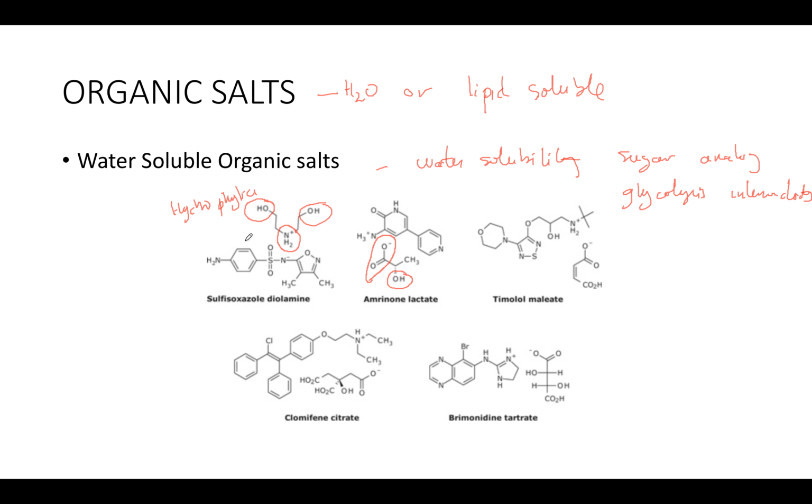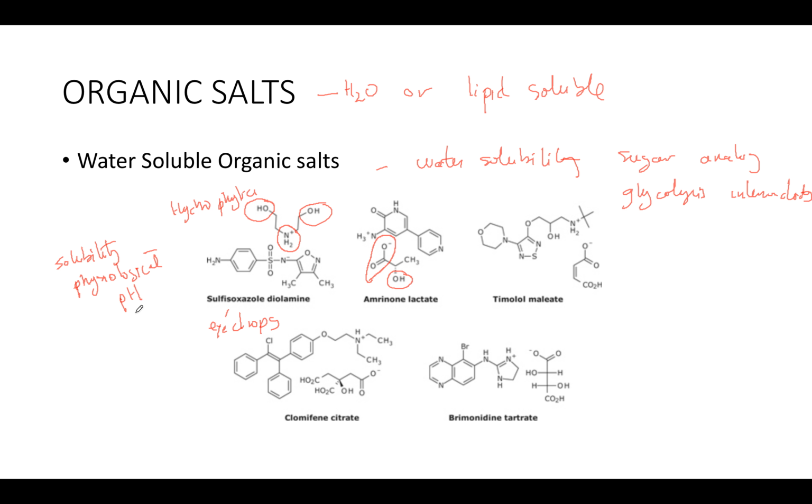Now, this particular drug is actually compounded as a salt to be used in eye drops. So the advantage of converting this to a salt is that you can actually have solubility at more of a physiological pH, as opposed to a basic pH.